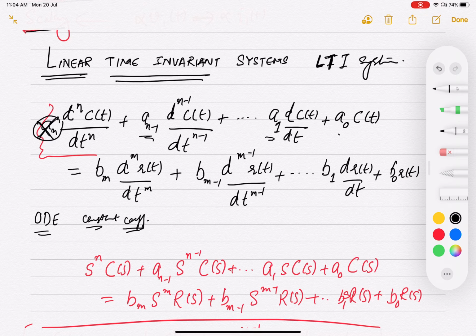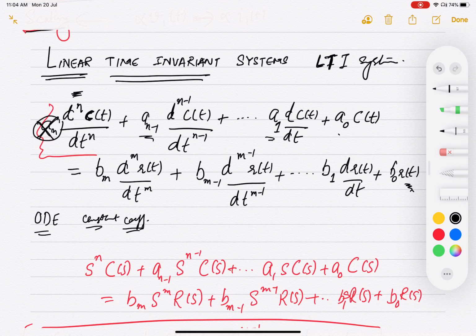And RT is the forcing function, and CT is the system variable. RT is the input and CT is the system variable, which is the output in this case. So basically the highest differential term corresponding to the differential of the output, or the system variable, is called the order of the differential equation, right?